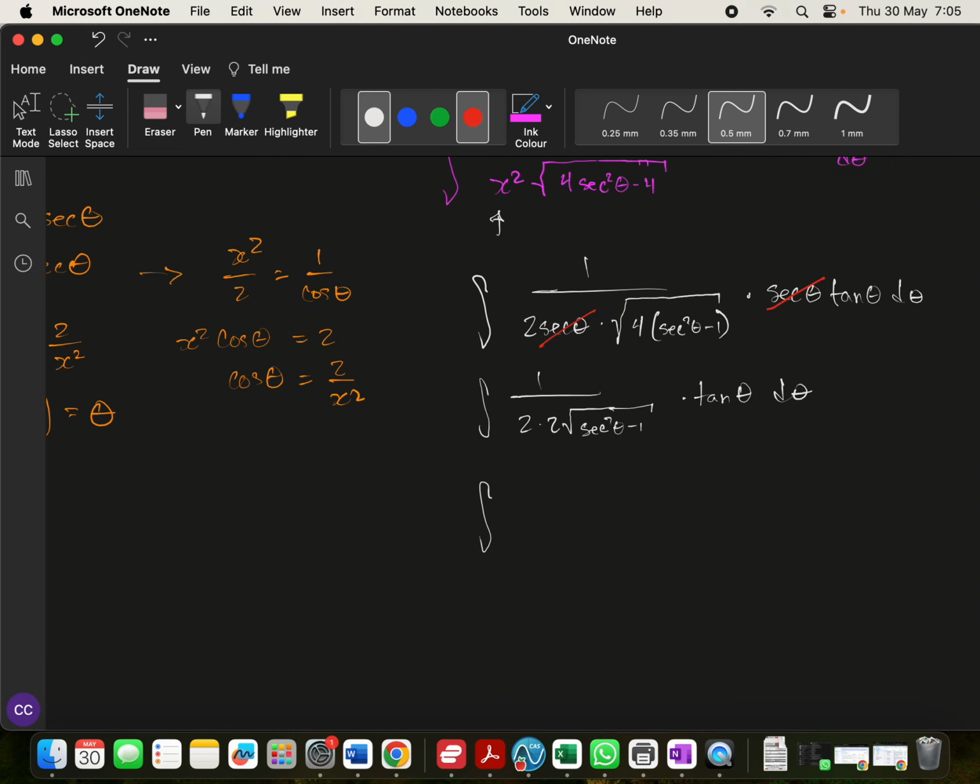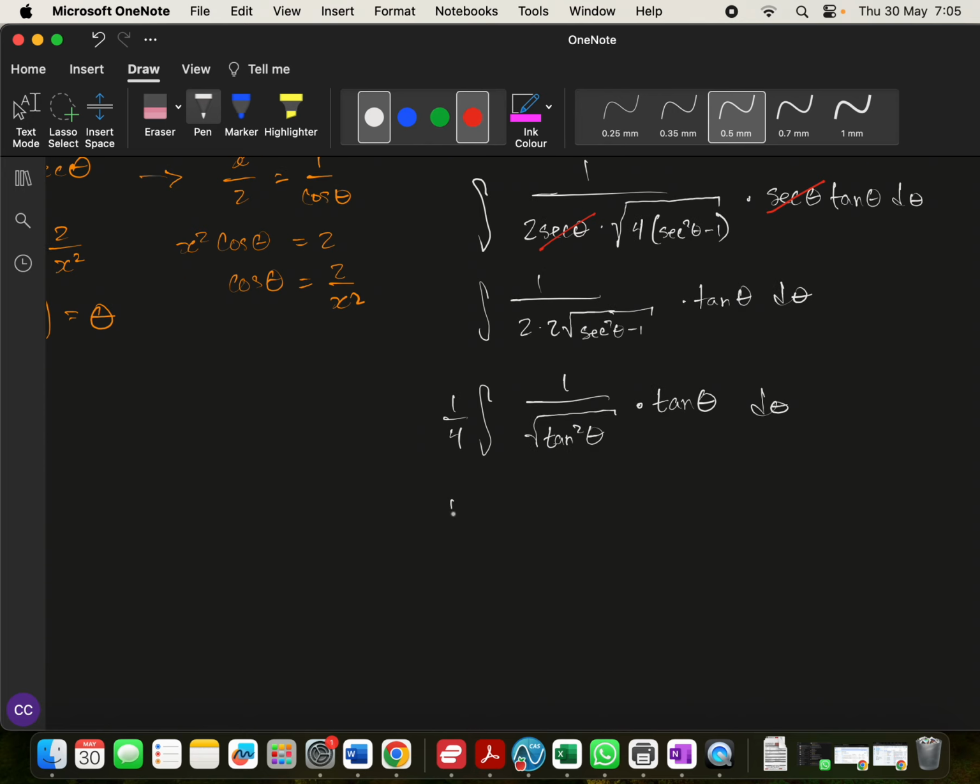So, working more with this substitution, I would have 1 over, and because there's 1/4 here, I'm going to pull that out just so I don't have to deal with it anymore. And that's going to be the square root of tangent squared theta, making that substitution from my identities. Well, the square root of tangent squared theta is just tangent theta. So I end up with tan theta over tan theta d theta. So that's 1/4 times the integral of 1 d theta.